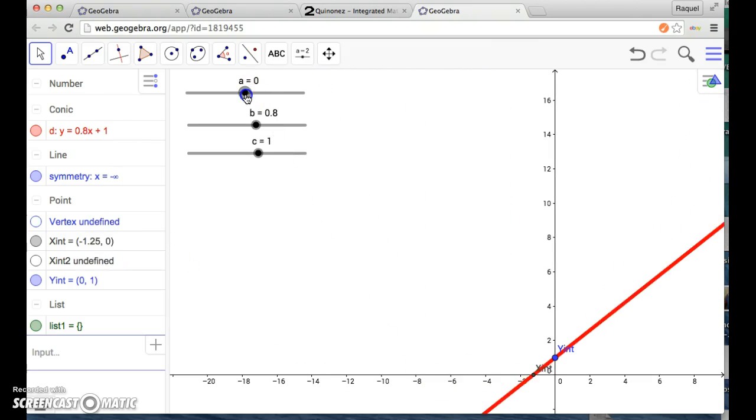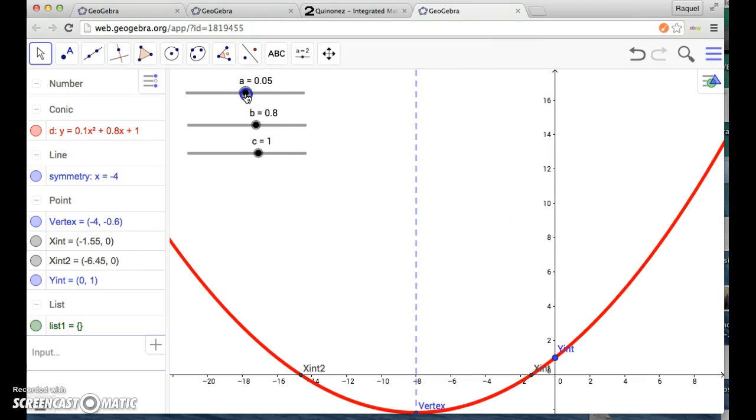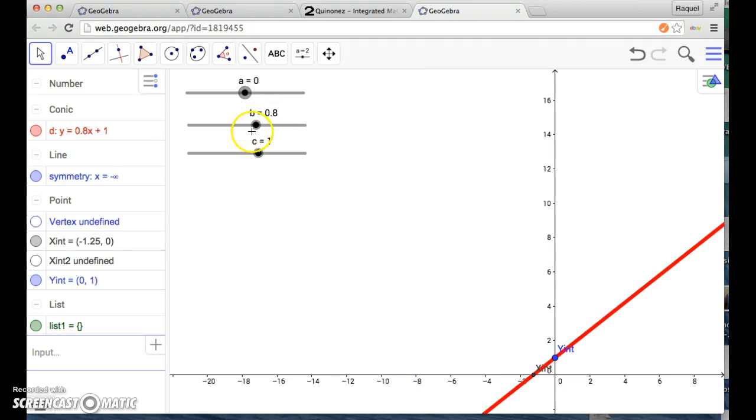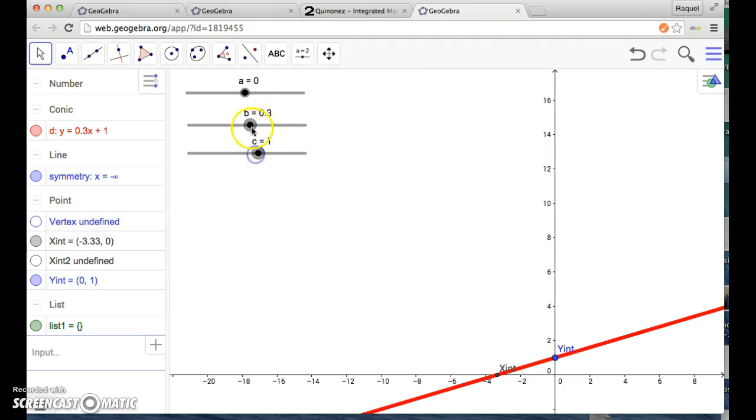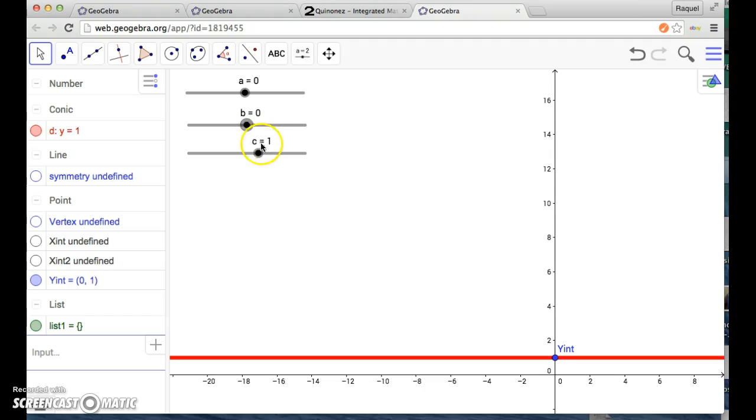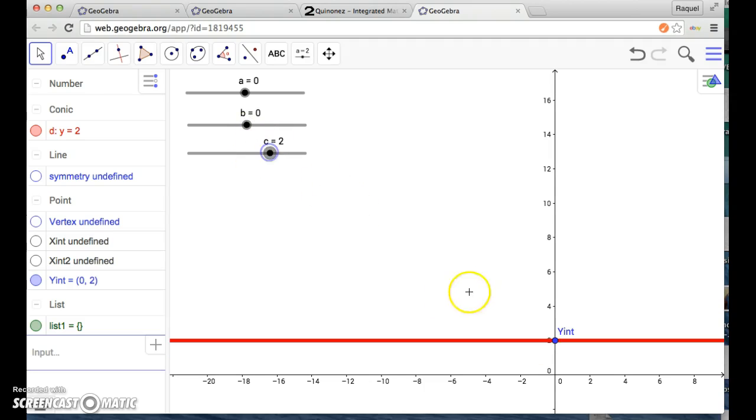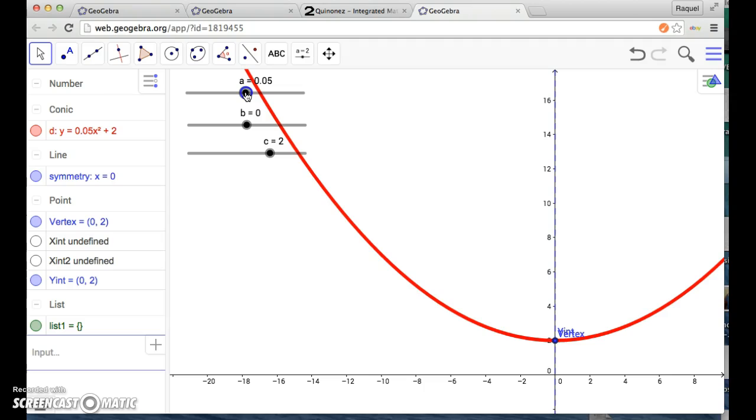Think of this as if it was like a bar. Let me put it at 0. So think of this as a steel bar, and A is the strength that you use to bend the bar. As you increase the strength, look how quickly it became a parabola just by adding a little bit of strength.